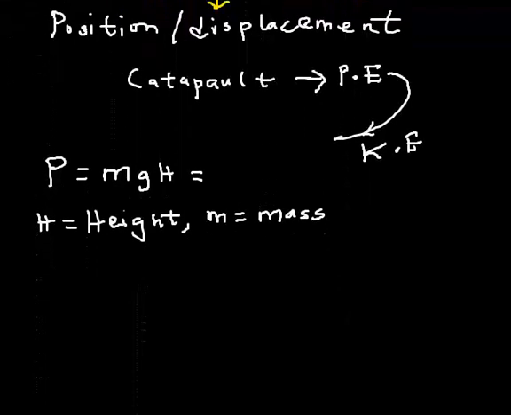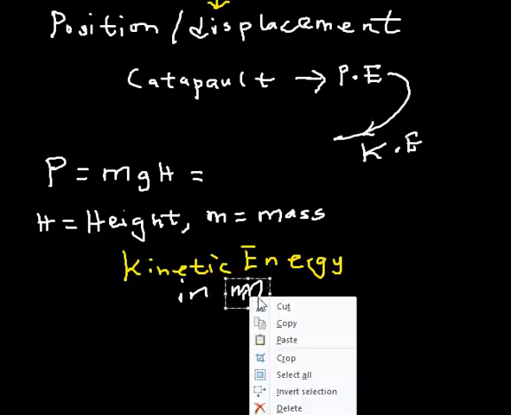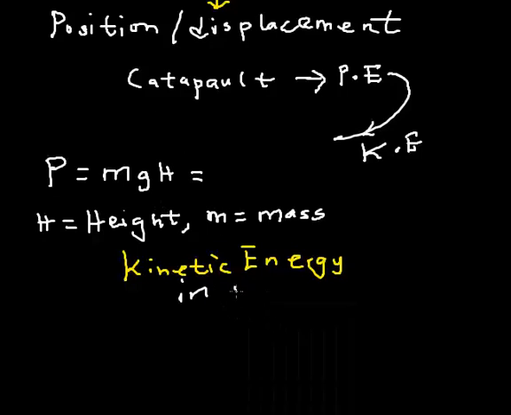Now, what of kinetic energy? As I already said, a body possesses potential energy. Once it is released, its energy is converted into kinetic energy. So the energy possessed by a body that is in motion is, please pardon me, kinetic energy.